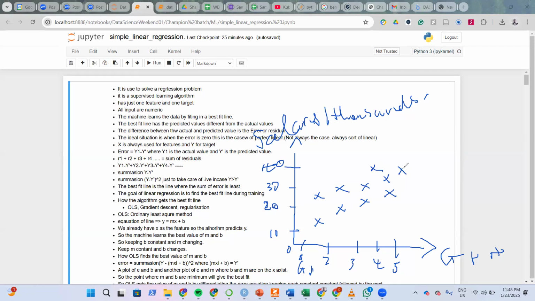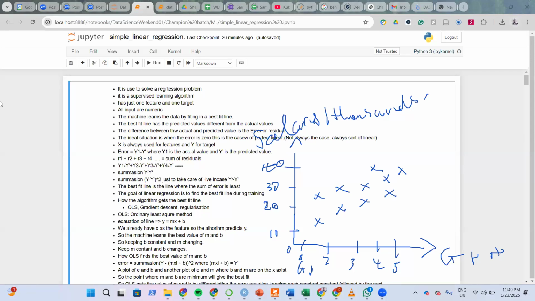So how this algorithm is able to make predictions when you give it test data is that during learning, when you're training the algorithm, it creates what we call a line of best fit.